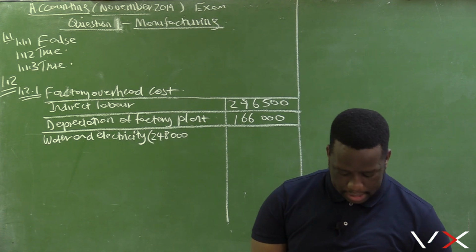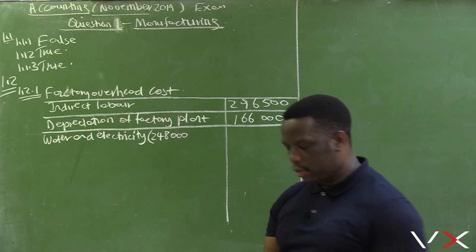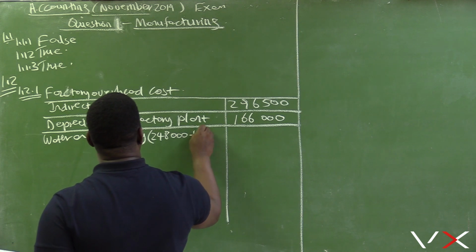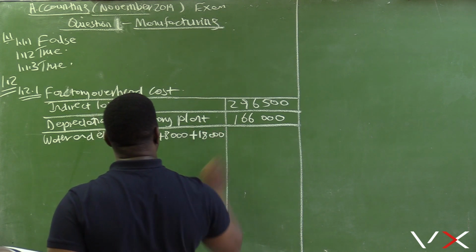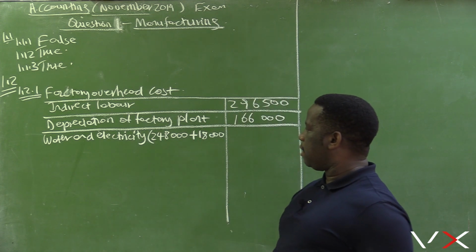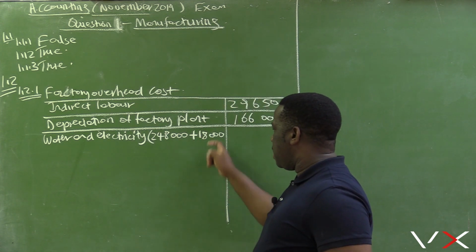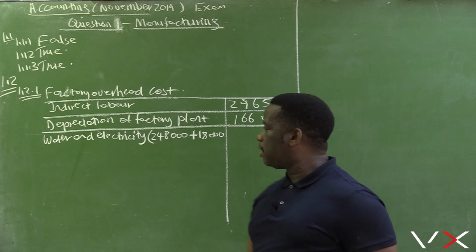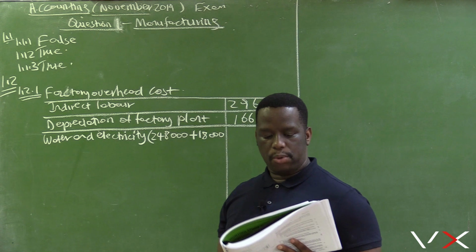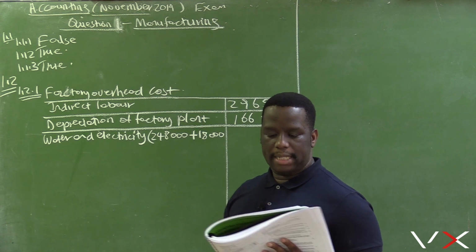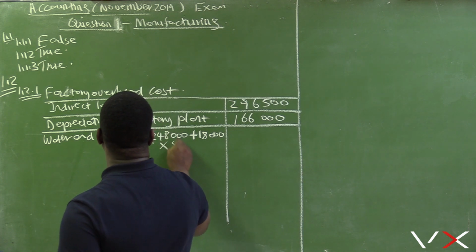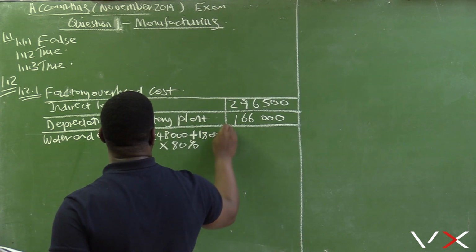So we add this 18,000 to the pre-adjustment 248,000, and then 80% of this expense is allocated to the factory.